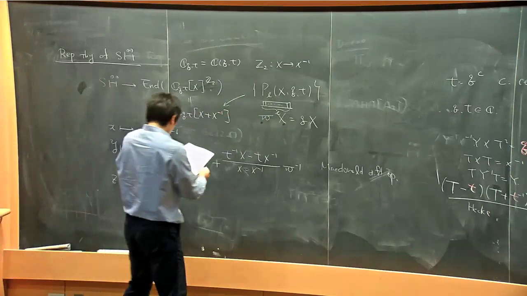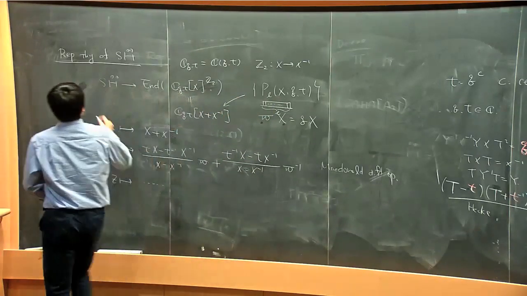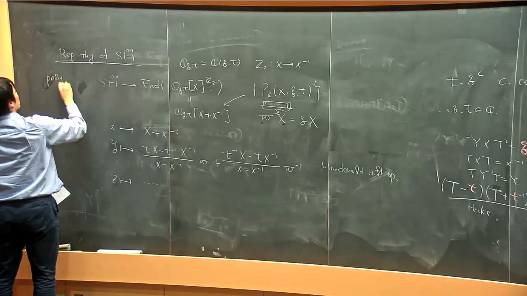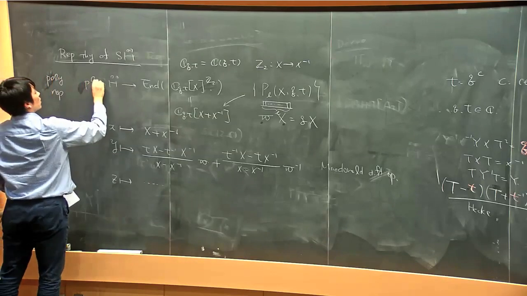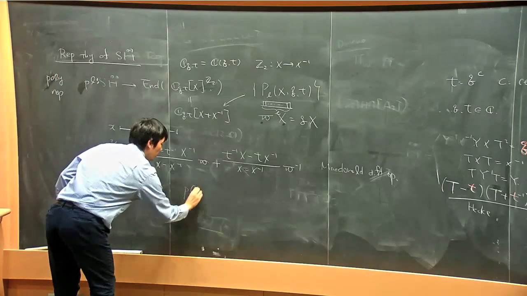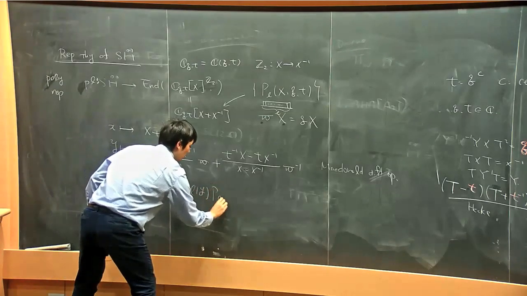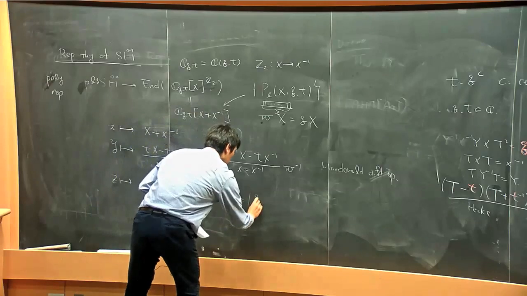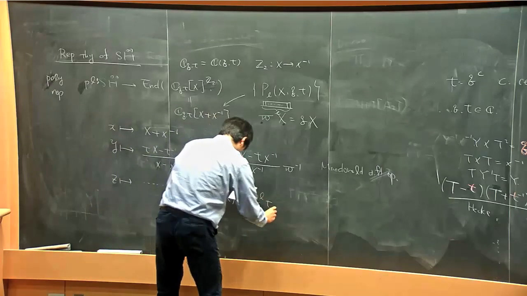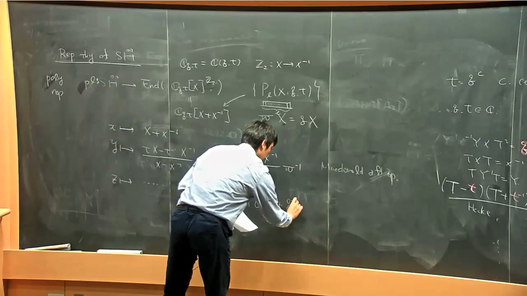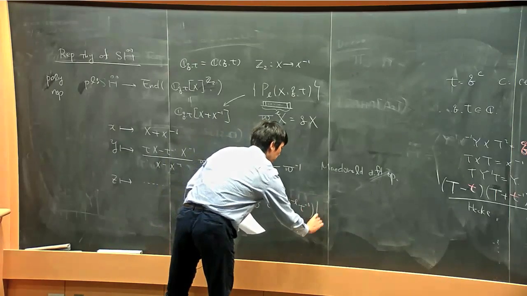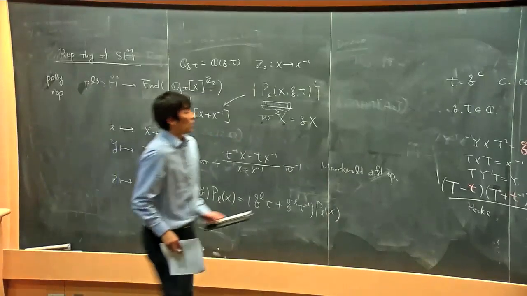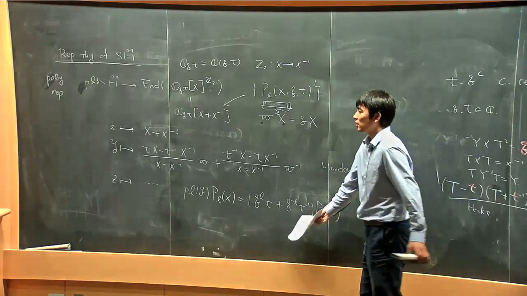I call it the polynomial representation, and I call the basis elements P_L. If Y hits the Macdonald polynomial P_L, it becomes an eigenfunction, and the eigenvalue is q to the L t plus q to the minus L t inverse. This gives you uniquely determined Macdonald polynomials.